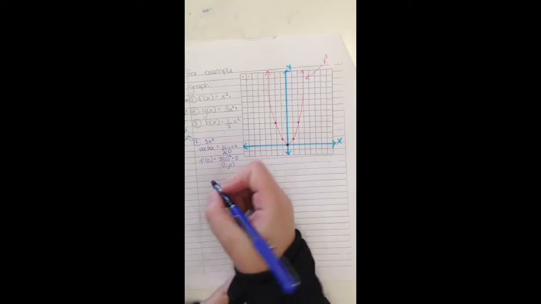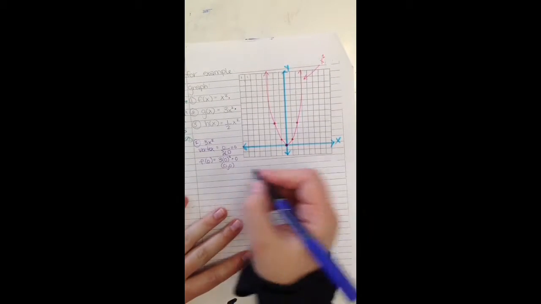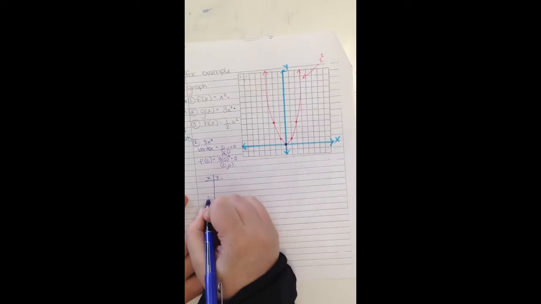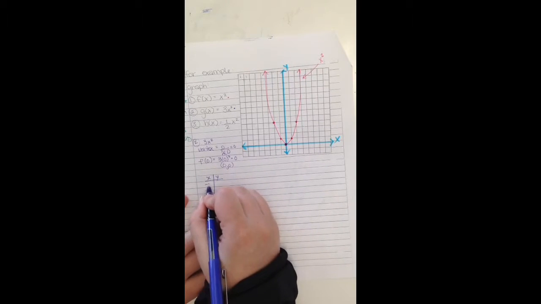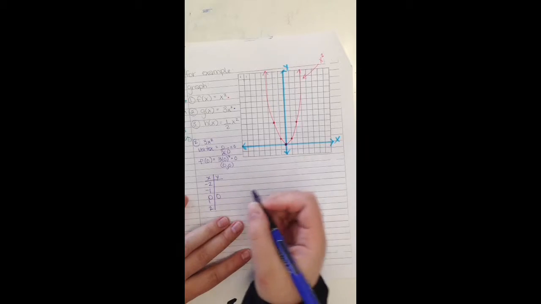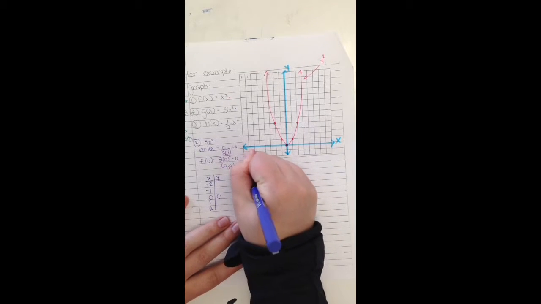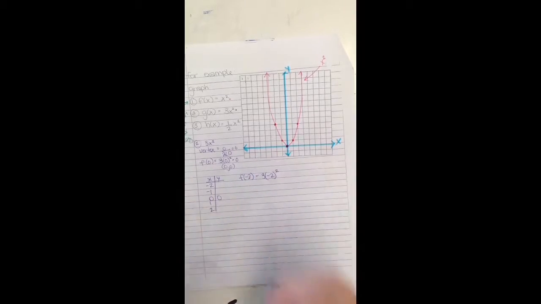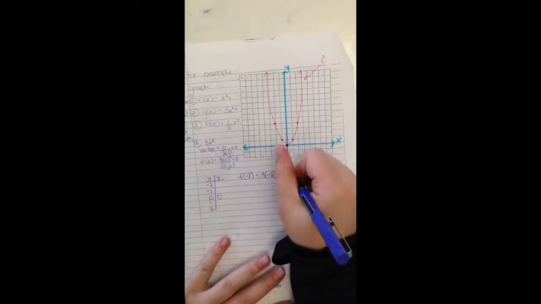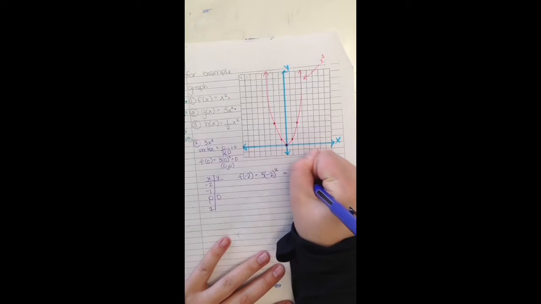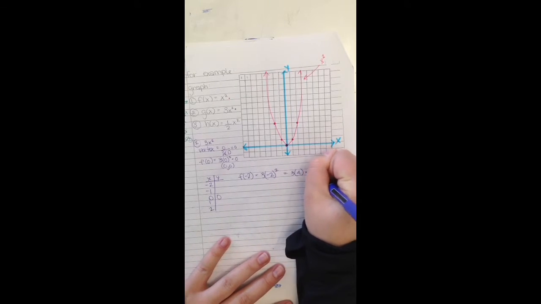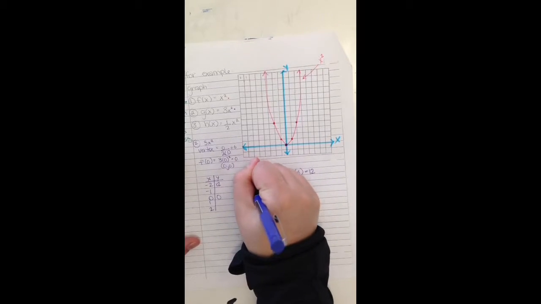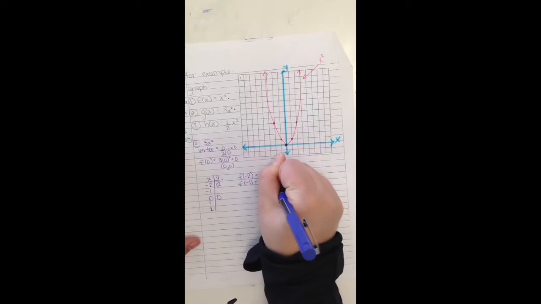So then I have to make a t-chart with values to the left and to the right. Okay, I'm going to go negative 1, negative 2, 1, 2. Now f of negative 2 is going to give me 3 times negative 2 squared. Order of operations says I have to do the negative 2 squared first, so I get 3 times positive 4, or 12. F of negative 1 gives me 3 times negative 1 squared.